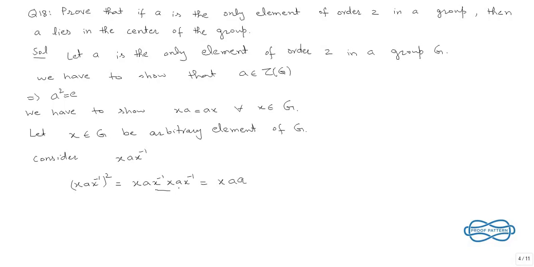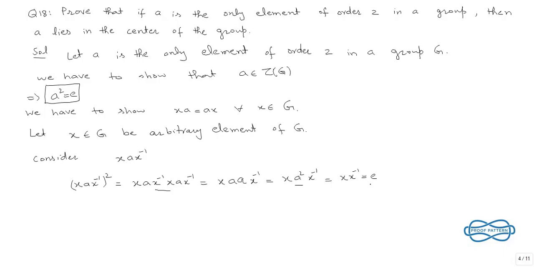So now this A element and then X inverse, and we know that XA square X inverse, and this A square will be identity because of the given condition, and that will be X inverse, and that will be E.